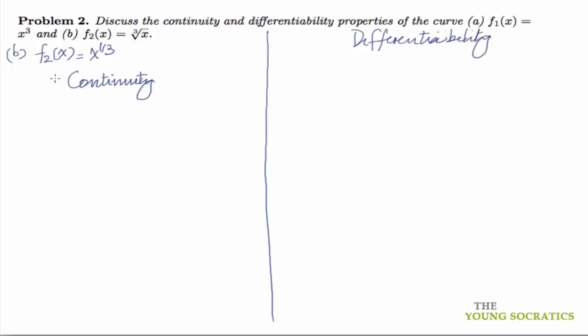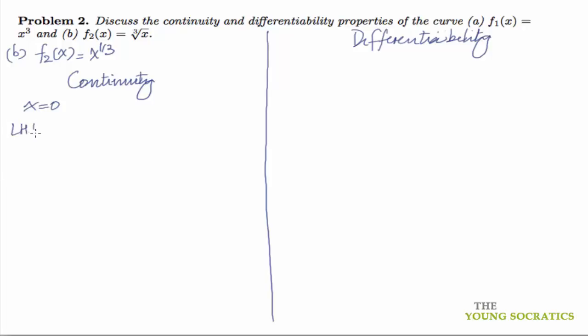Now, for continuity of this function, if the function has to be continuous at a point x, then the left hand limit and the right hand limit should be equal to the value of the function at that point. Now x^(1/3) is nice for x greater than 0 and x less than 0, so it's very easy to show that the left hand limit and right hand limit will be equal to the value of the function at that point. The only conditional point is x equal to 0.